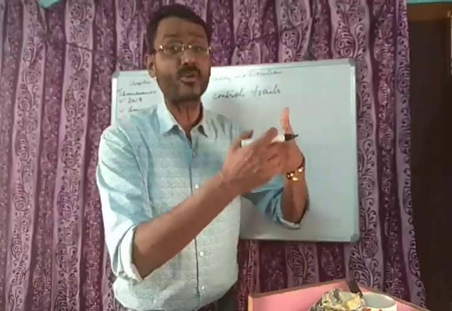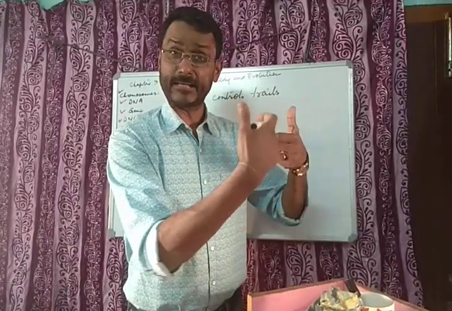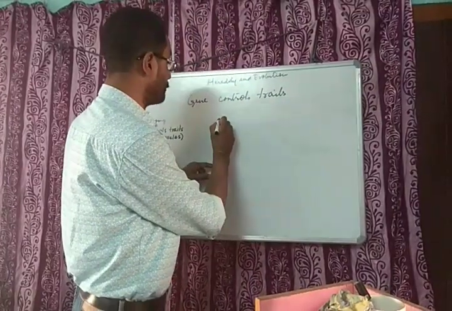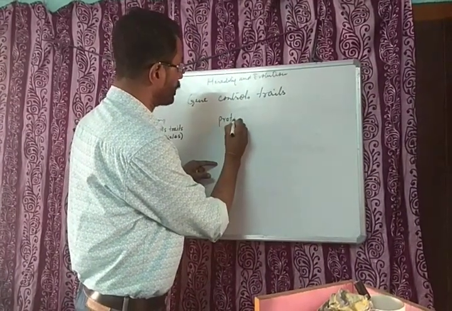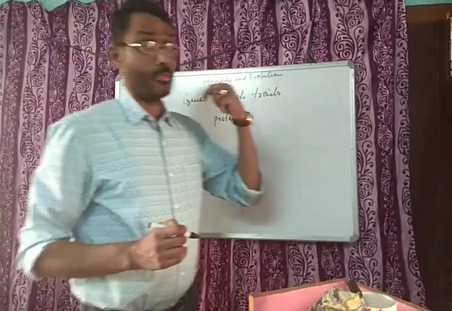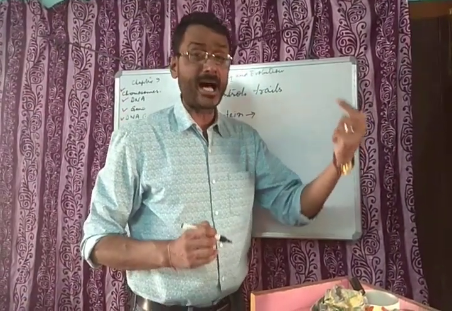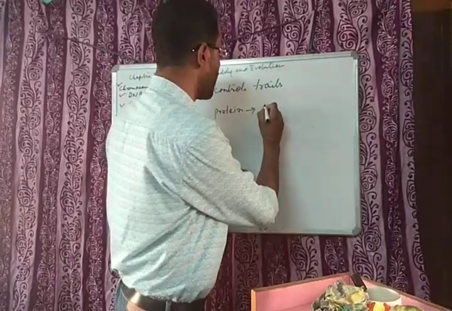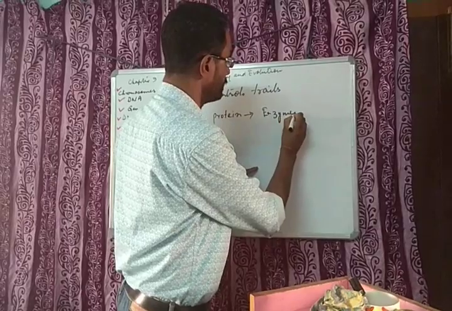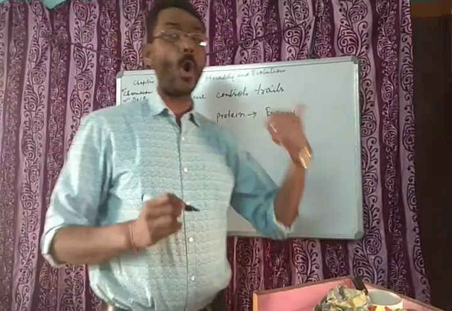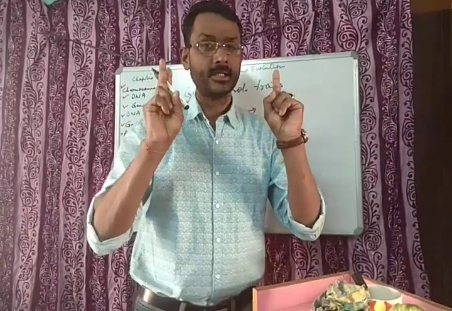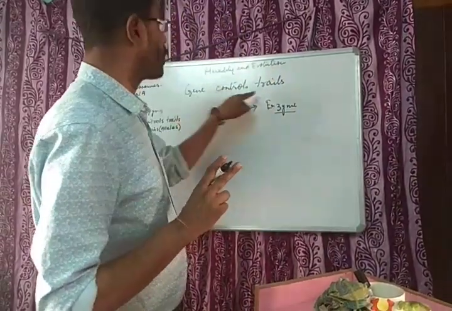A part or segment of DNA that produces a protein. Not all the proteins, but most of the proteins are enzymes. Or we can say all enzymes are proteins. That will be better.